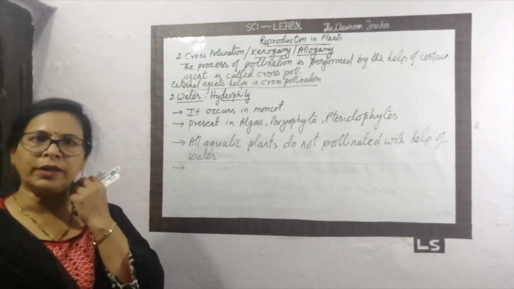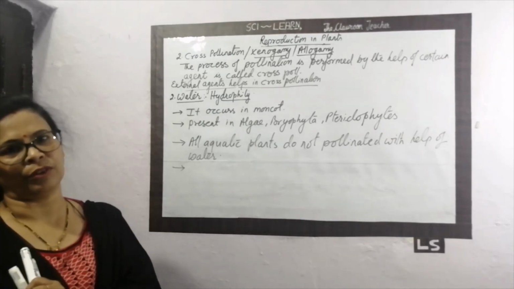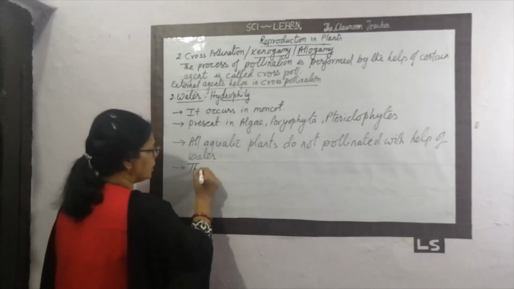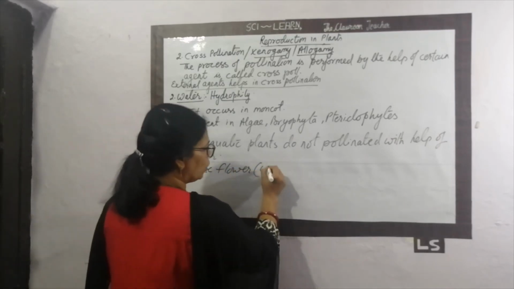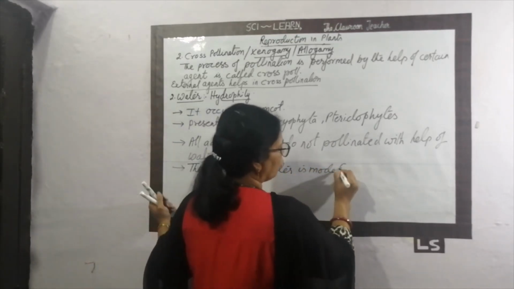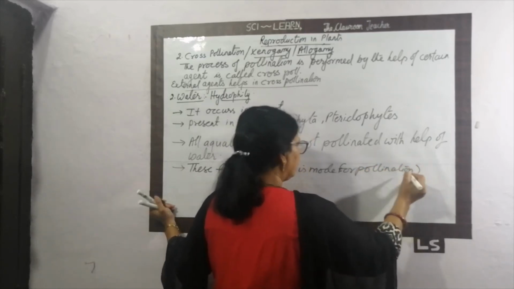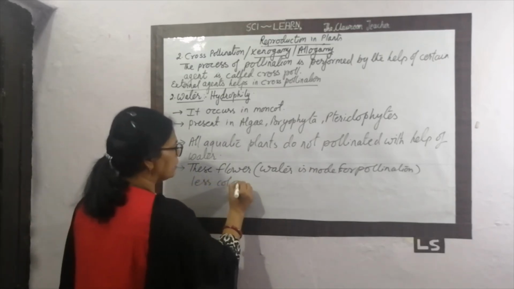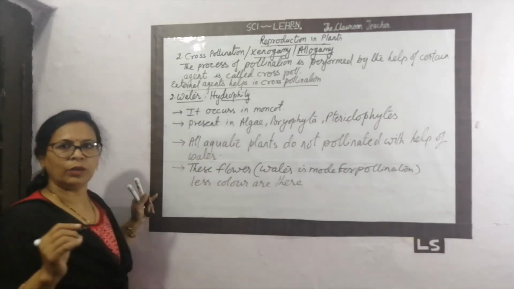The flowers which are pollinated with the help of water only are not very colorful. Okay, they do not produce nectar also. In this type of flower, less color is there, or it may be colorless. No color is present.